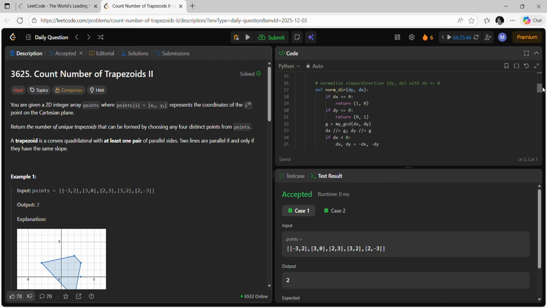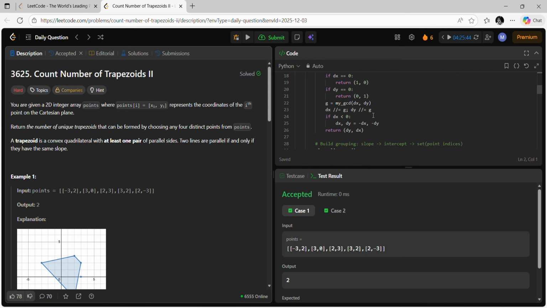Okay. So in lines 16 to 26, we normalize a direction vector (dy, dx) to a canonical integer representation, (dy_norm, dx_norm), with dx_norm greater than or equal to 0, because any unordered pair that lies on the same line should map to the same direction key.